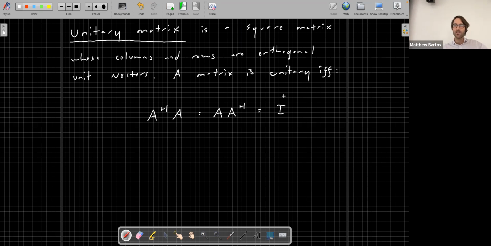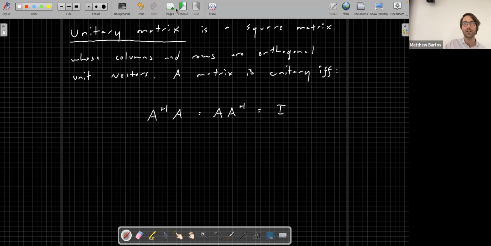What does this also imply about A and A Hermitian transpose and their relation to one another? Right. So A and A Hermitian transpose are inverses of one another by the definition of the inverse, right? If you take A times A inverse, you should get the identity matrix. So in other words, if a matrix is unitary, its Hermitian transpose is also its inverse.